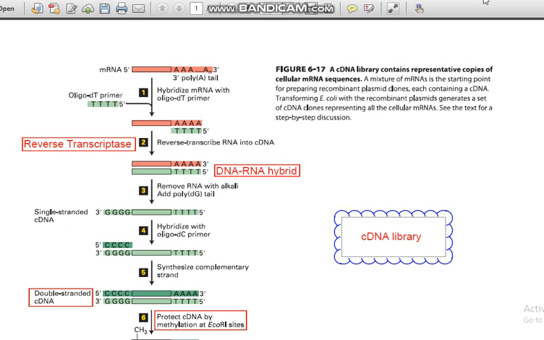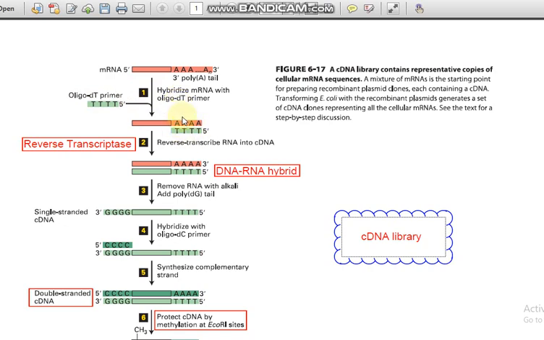It is very easy to isolate mRNA from all other types of RNAs like tRNA or rRNA, as mRNA contains a poly A tail at the 3' end. Here you can see this is mRNA and it has a poly A tail at the 3' end. Now we add an oligo dT primer which binds to this poly A tail.